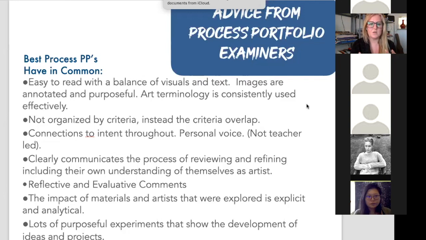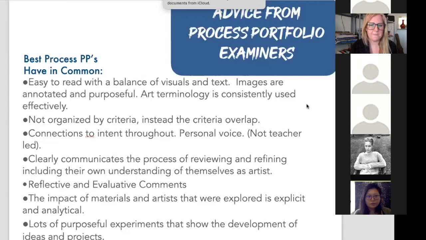Also make sure that you're discussing your intentions throughout. Like, I wanted to do this, this is where this is leading. And personal voice, very key. Try to eliminate those sentences in your students' work that say, my teacher did this. I was working on a unit that my teacher said. It should all be self-initiative. So just a little tweak is, I decided to do this.